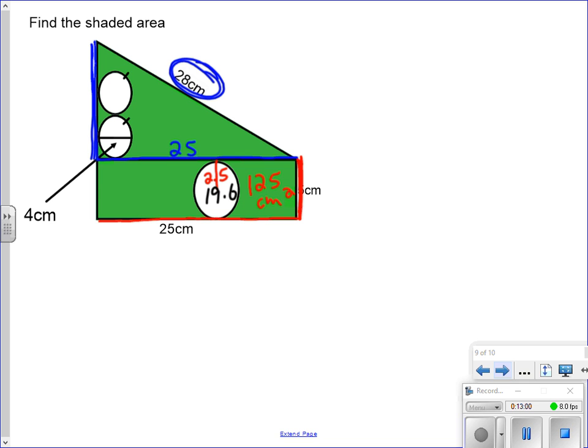And I get the square root of 159, which is 12.6. So this distance is 12.6. I did that again by using Pythagoras' theorem with 28 and 25. It doesn't look like 12.6, but my picture isn't drawn to scale, clearly. Then I'm going to find the area of that triangle by 25 times 12.6 and divide it by 2. That's 157.5.